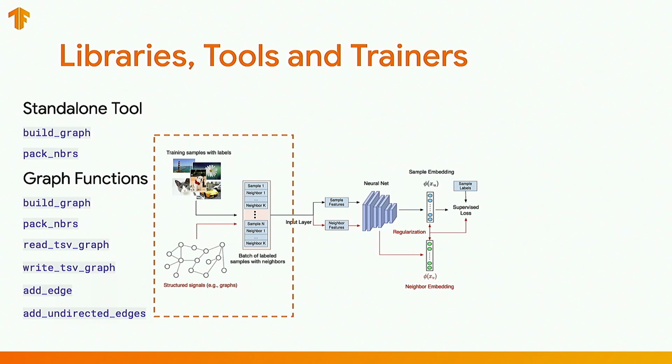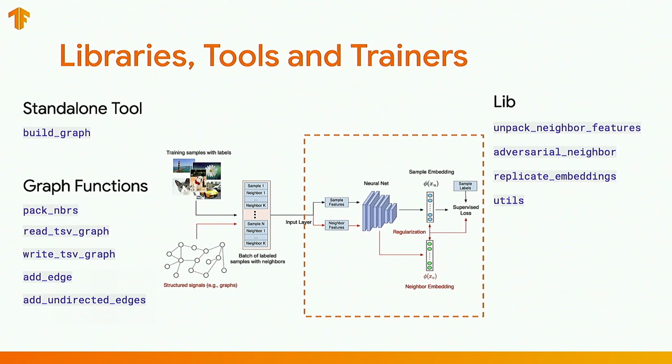We also provide functions that users could integrate into their own custom pipeline. And you may notice build graph and pack neighbors here are listed both as binaries and functions. This is not a typo. This means they could be invoked both as a binary or as a function.